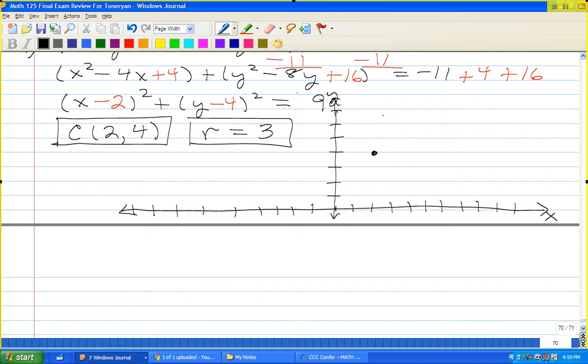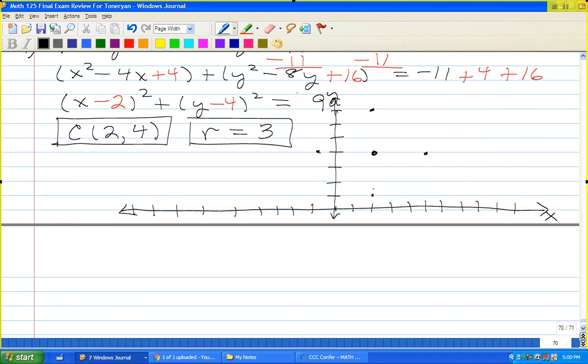So I'm going to go 3. 1, 2, 3. See if I can do this.